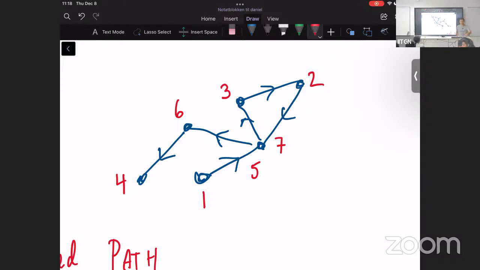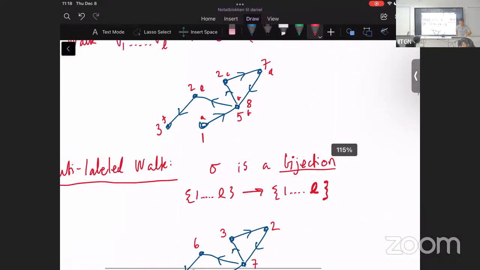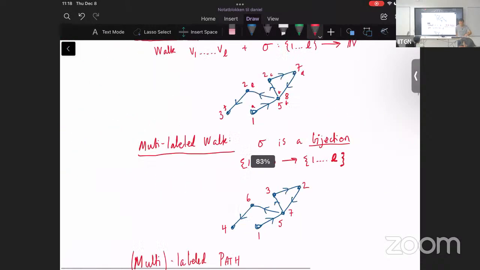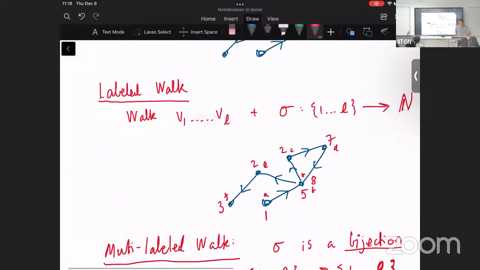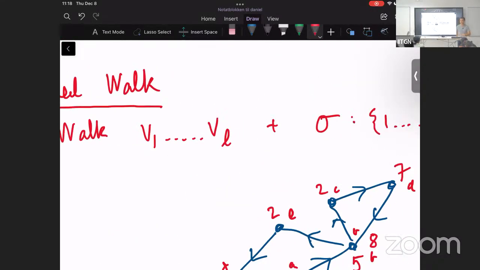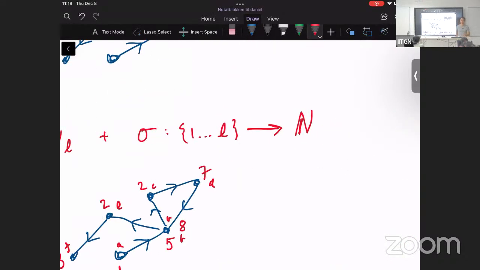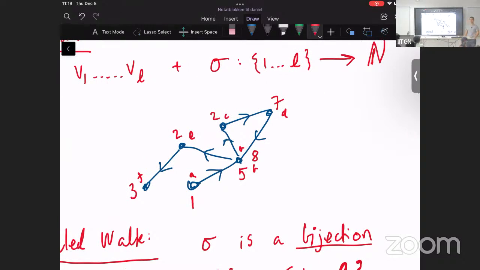Yes, so notice the definition of a labeled walk or multi-labeled walk is a walk. A walk is a sequence of vertices, and a labeling is a function from the integers 1 through L to the integers 1 through L. It's just a pair, a walk and a function. I give it a picture interpretation, but a labeled walk is just a walk and a function.